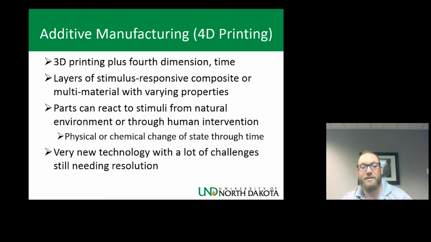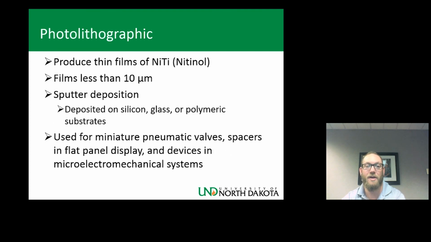You can get parts that can react to stimuli from natural environments or through human interventions, with physical or chemical change of state through time. This is a very new technology with a lot of challenges, still needing a lot of resolutions. So hopefully we'll find out more about that in the near future.